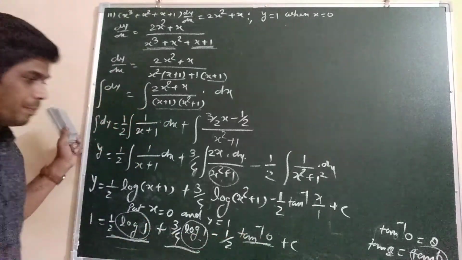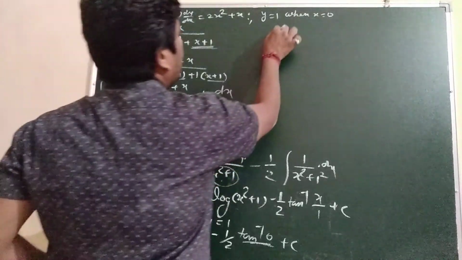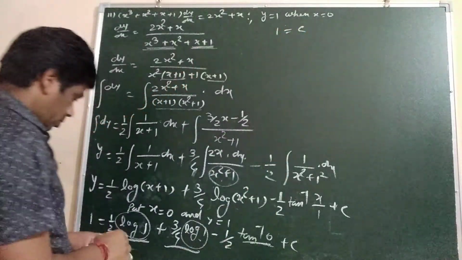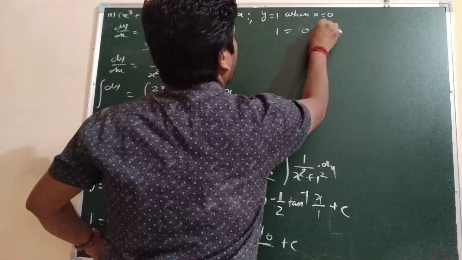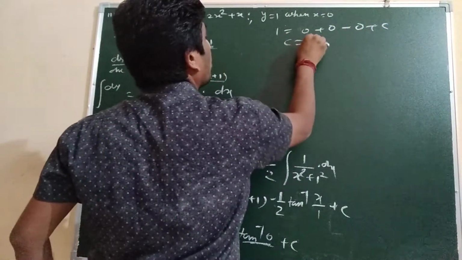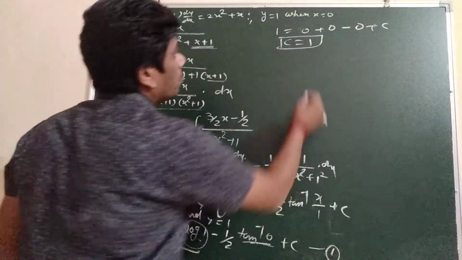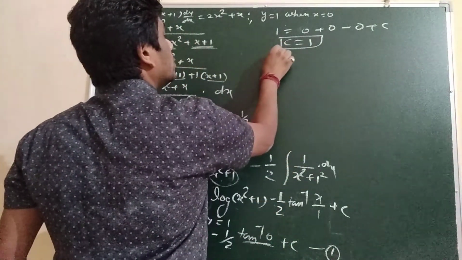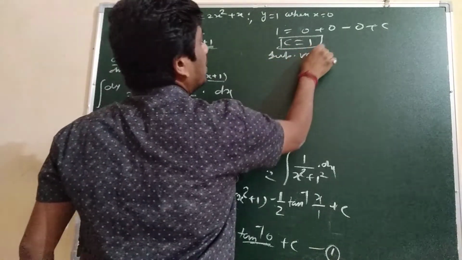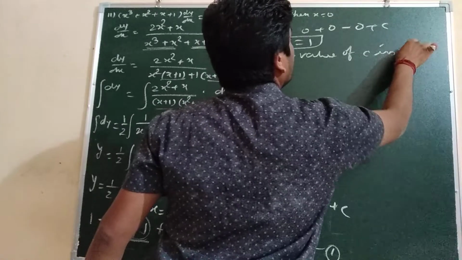So 0 into 1 upon 2 will be 0, which means finally we will get 1 equal to c. This will be 0 plus 0 minus 0 plus c, means c equal to 1. C equal to 1, again we will substitute in equation 1.